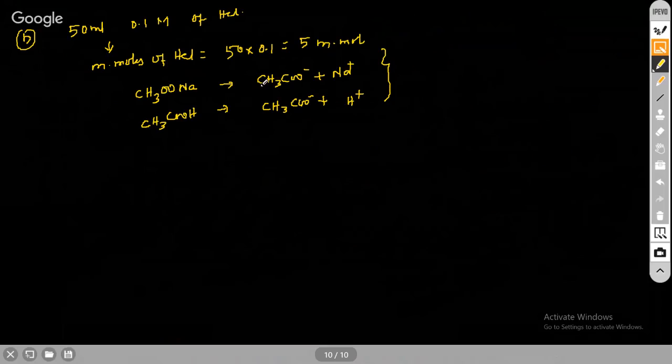All these ions are present, the weak acid and its salt, right? So when you add HCl, which gives H plus, this H plus combines with CH3COO minus. This H plus is coming from the HCl that you are adding. It combines with CH3COO minus, and this reaction goes backward and forms weakly ionized CH3COOH.